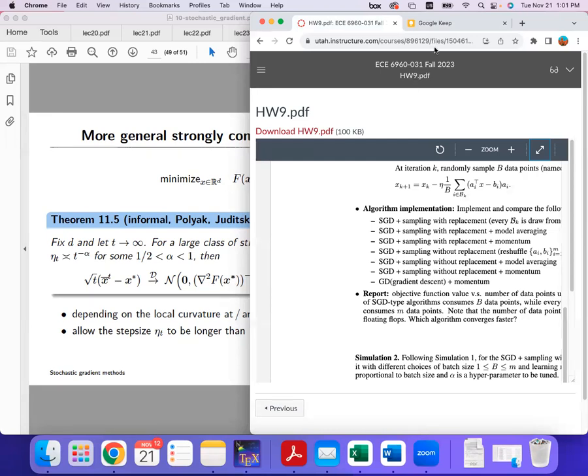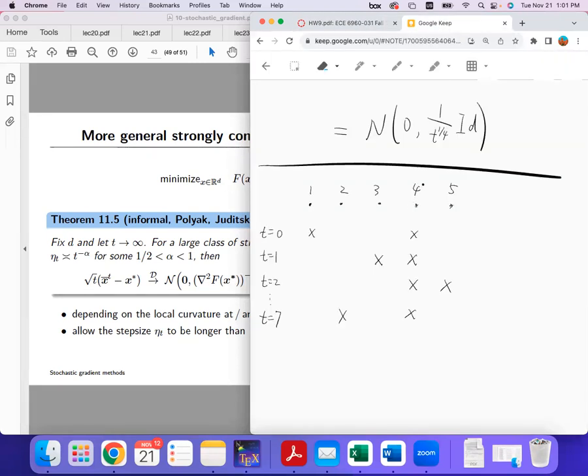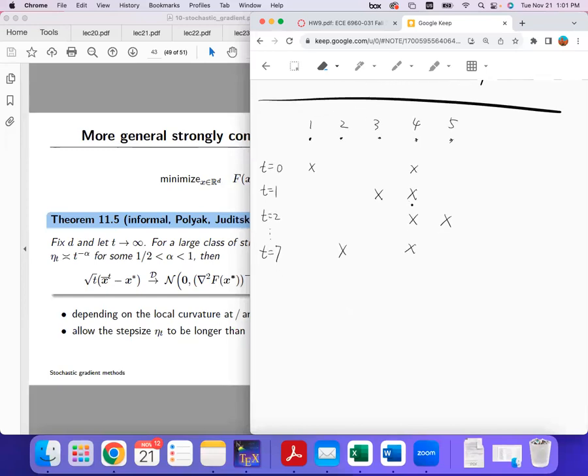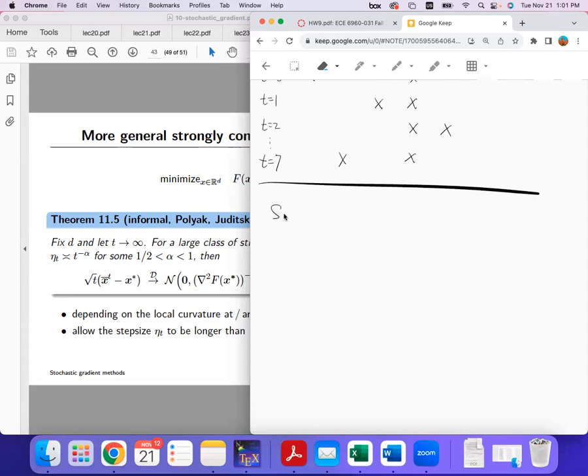Okay, and so the sampling without replacement is as follows. Say you have six data samples.